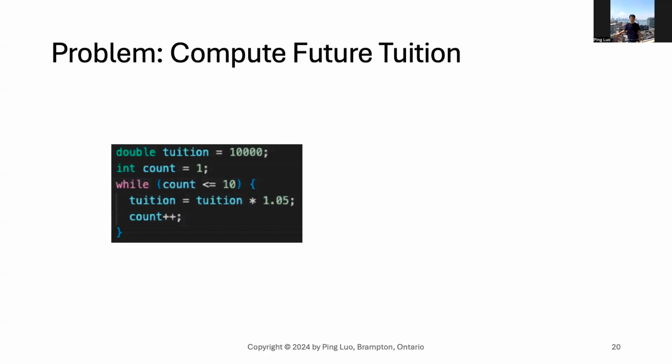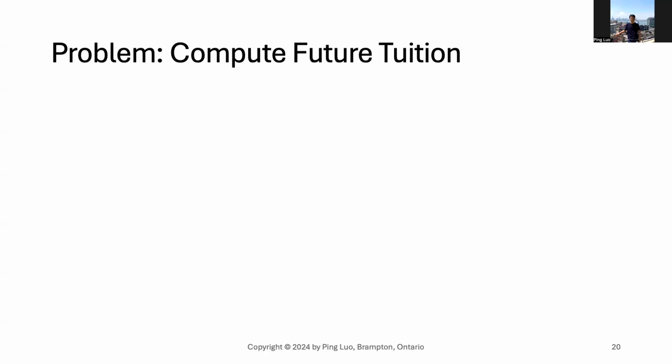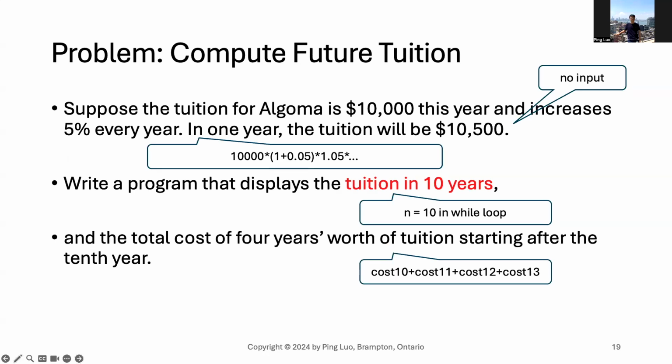Yeah, this is the script for that tuition problem. We want to compute the tuition for the next 10 years if the tuition increases 5% every year. So we can use a loop to do this kind of job.